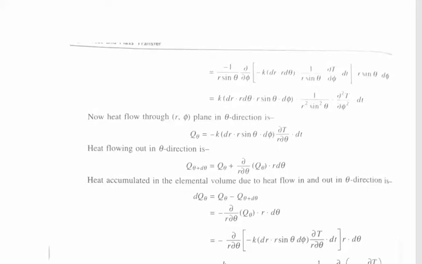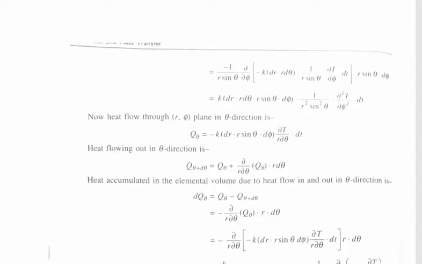Let's take this further and put the value of q phi in this equation. The whole equation becomes minus 1 by r sin theta ∂/∂phi, in the bracket minus k dr r d theta into 1 by r sin theta ∂T/∂phi into dt, and the whole multiplied by r sin theta d phi.